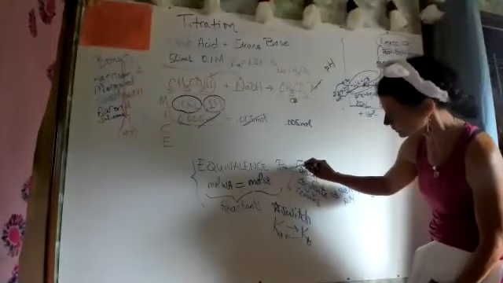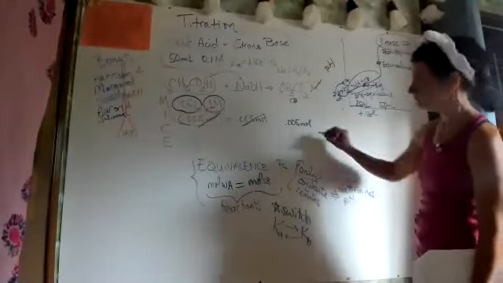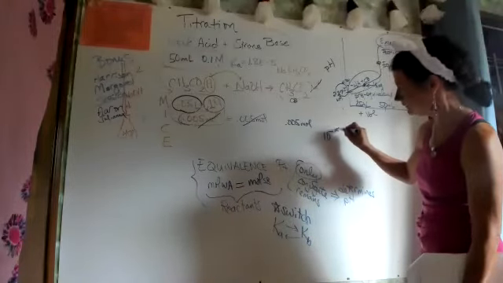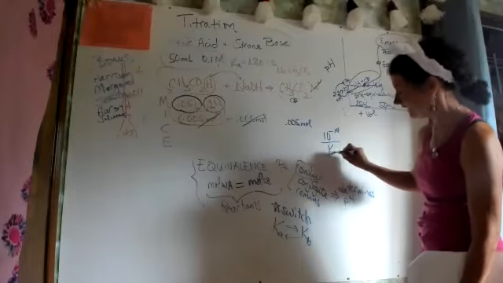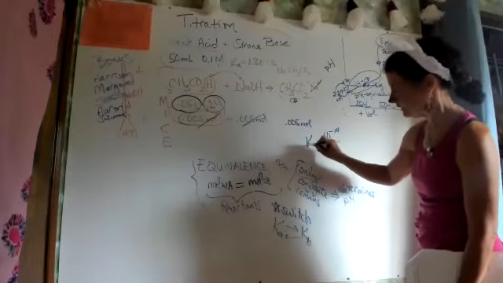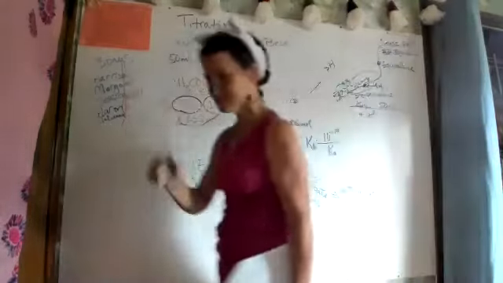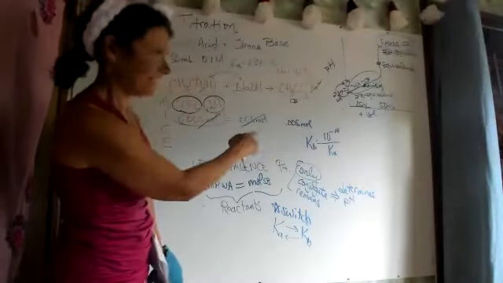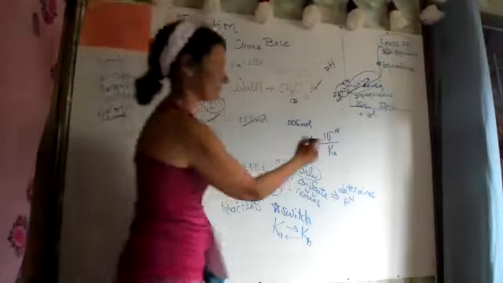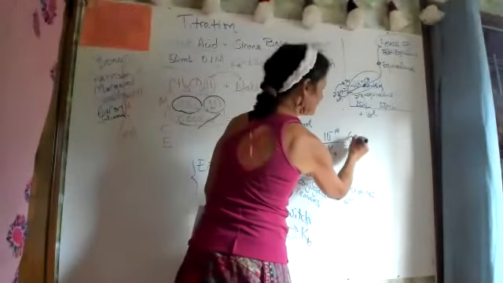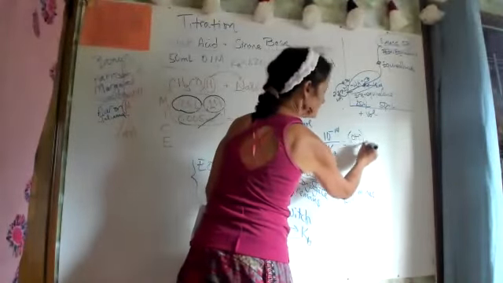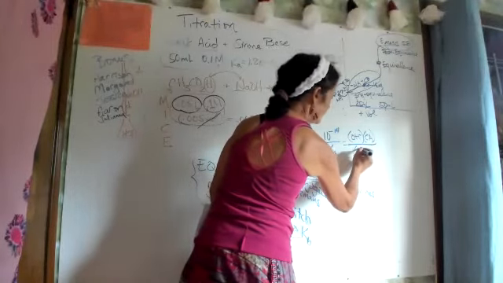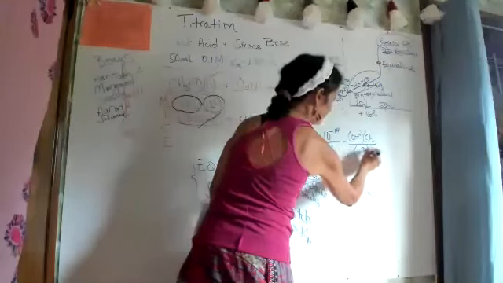It's because of this word only. How do you change Ka to Kb? 10 to negative 14 divided by the Ka. That's because Ka times Kb equals 10 to negative 14. It's a lot easier to write it like this. Write your formula, hydroxide, conjugate acid, over the weak base.